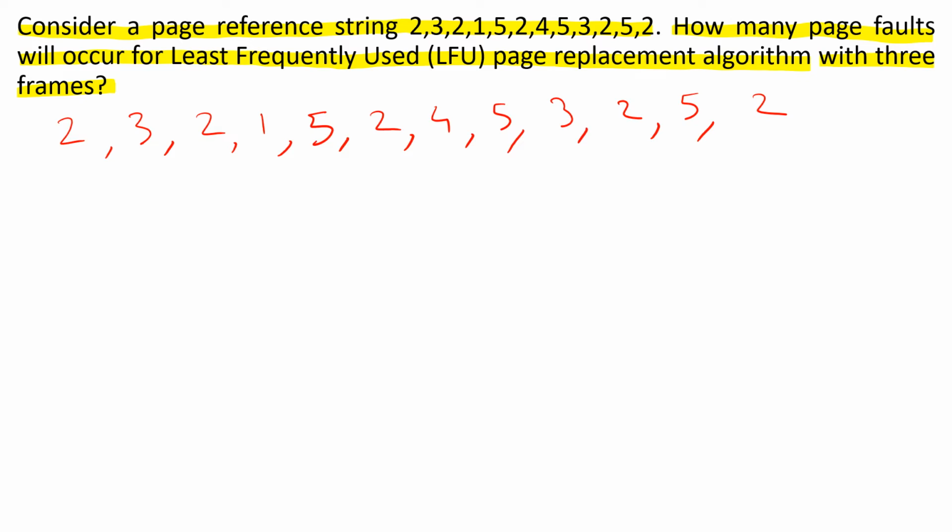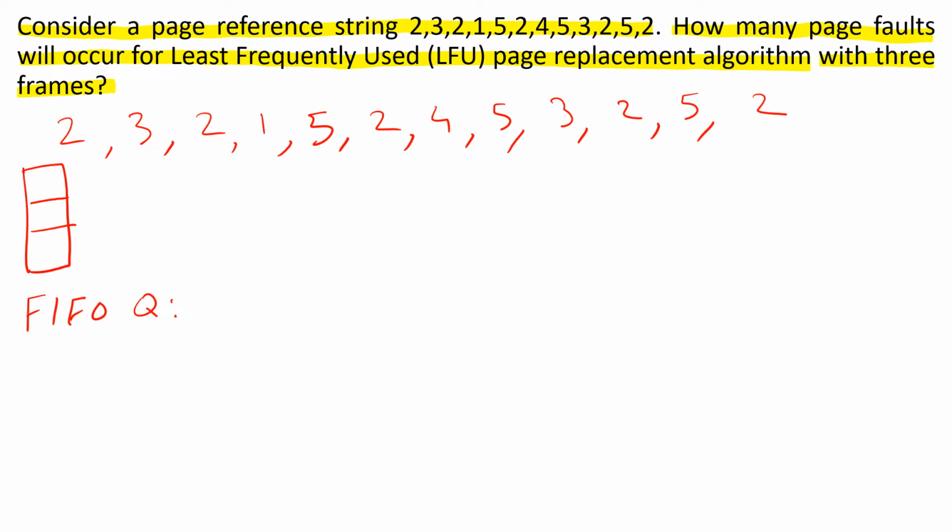We are given a memory with 3 frames. Here we are going to maintain a FIFO queue as well. The order in which the pages come into the memory would be maintained in this first in first out queue, because we are going to use this queue in case of a tie.